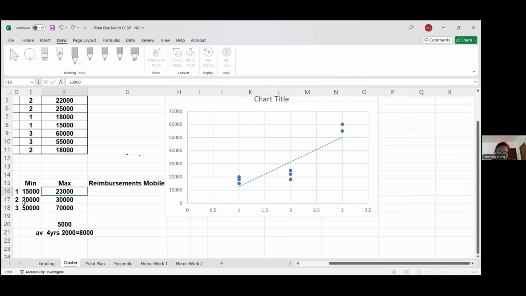Now, similarly, you need to check 20,000 to 30,000. The difference is how much? 10,000. But from grade 2 to grade 3, are you taking 5 years? Are you taking 6 years? And what is the promotion? Say, for example, I'm taking 5 years on an average, again with just a 2,000 increment.